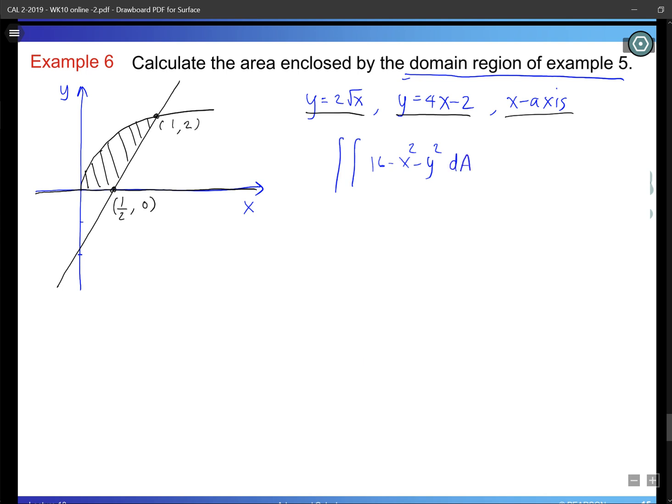So we put differential area here, and we do that over the domain region. So let me clear this. We need more space. So we perform double integration of 16 minus x squared minus y squared over this region R.